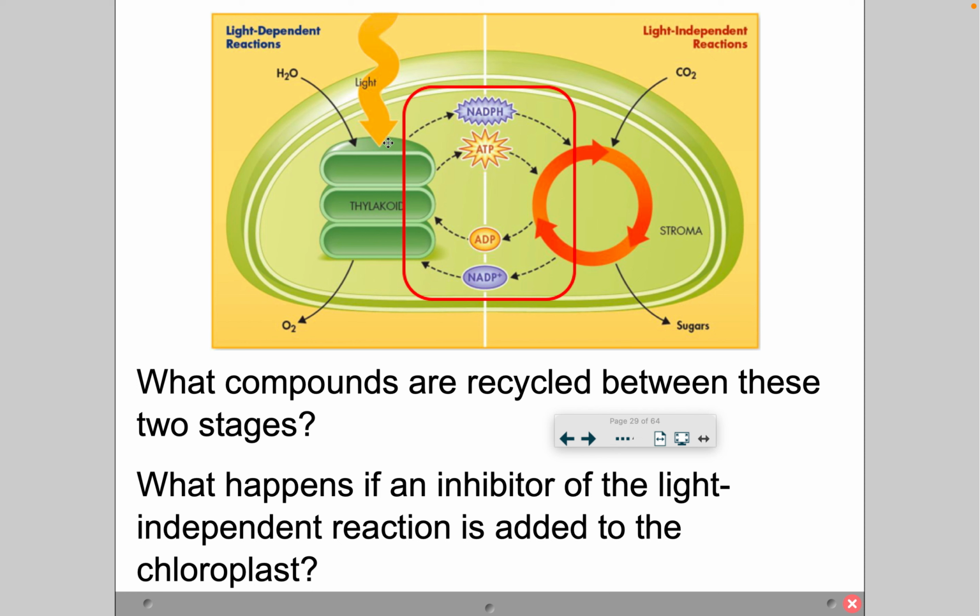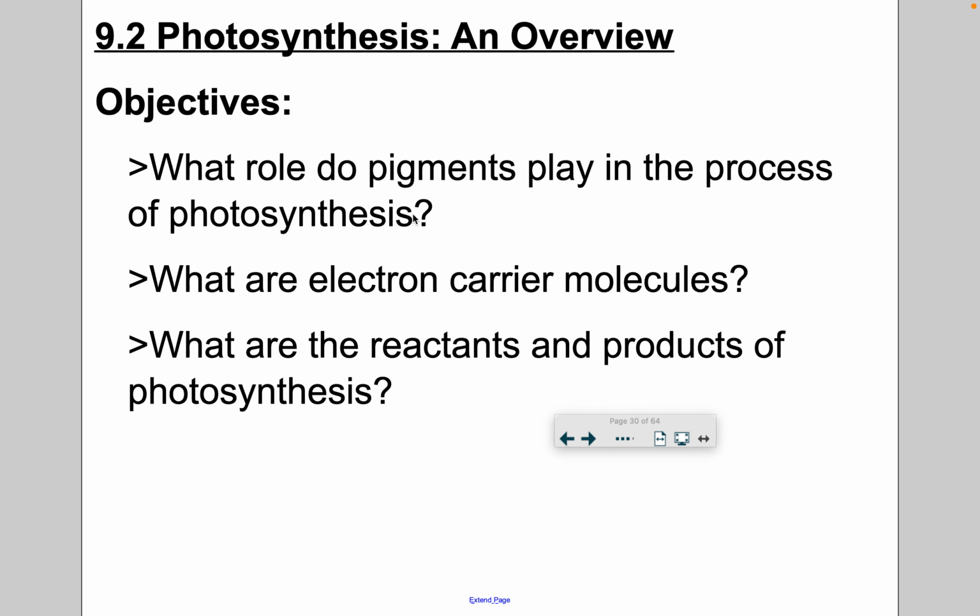Why? Because NADPH and ATP are not being used, right? And they're not being converted into their lower energy forms, ADP and NADP+. So we don't get any more of these. So eventually the light-dependent reaction is going to shut down. Okay, we shut down the synthesis part and then give it enough time, light-dependent reactions will shut down.